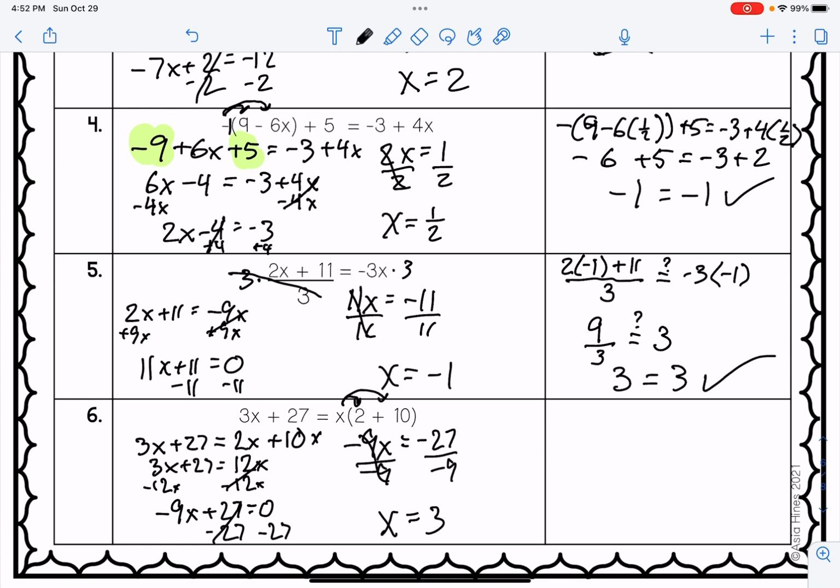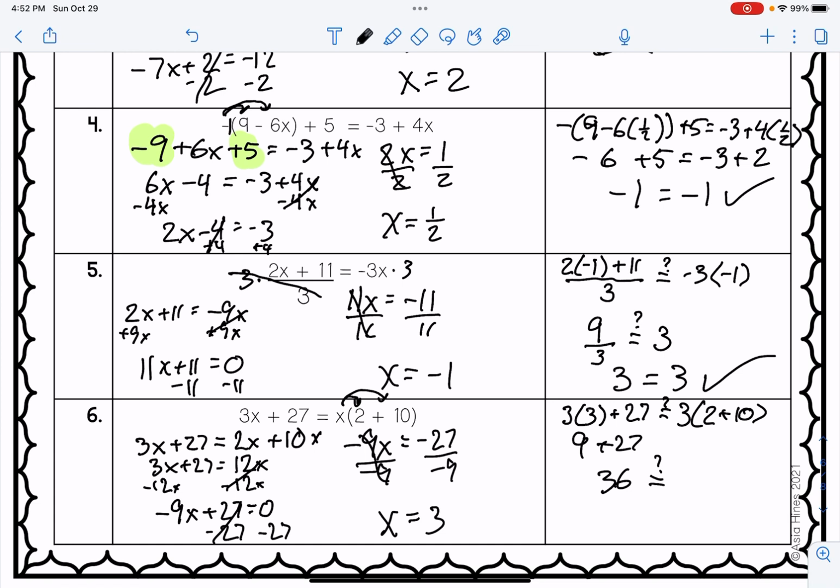Let's go and test it just to be sure. 3 times 3 plus 27, is that the same as 3 times 2 plus 10? I'm going to shortcut this one big time here, but 3 times 3 is 9, plus 27 is going to give a 36 on that side.